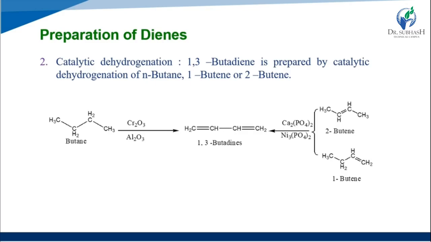Butane or butene generates butadiene; only the catalytic agents differ. So this is the catalytic dehydrogenation, of alkanes or alkenes, generating the dienes.